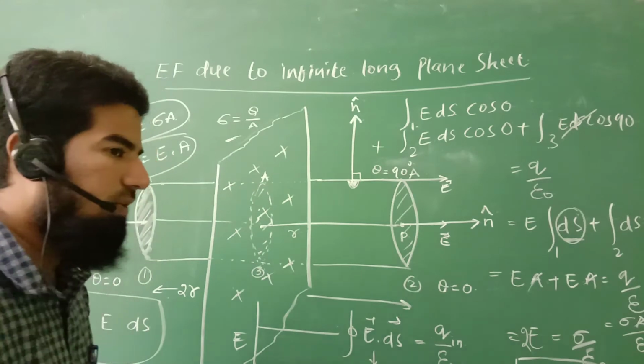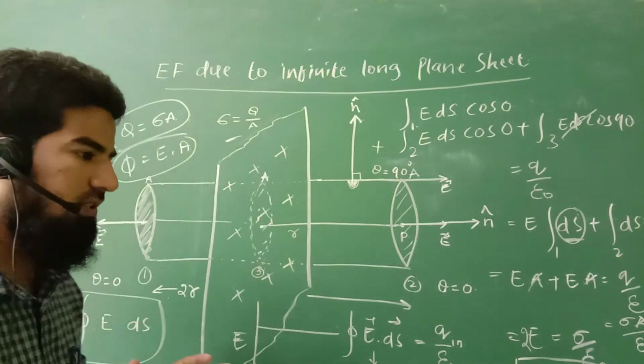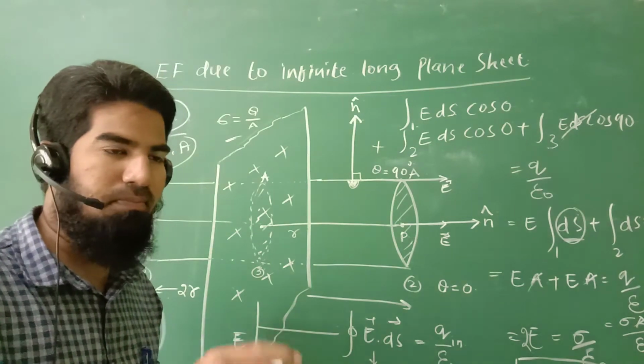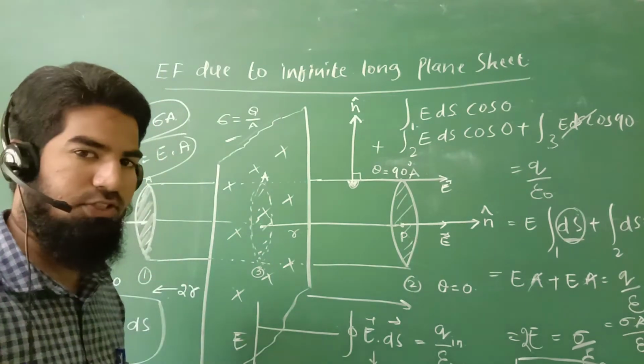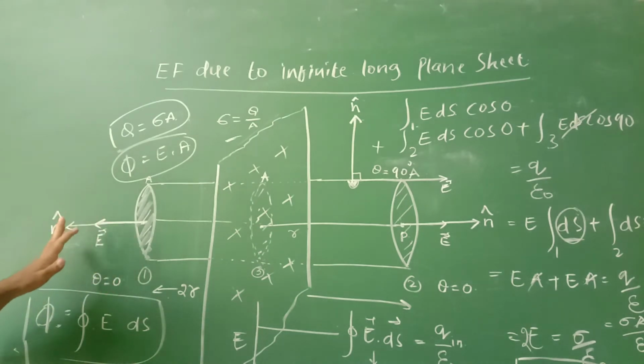Now we have to find out the direction of the electric field. What is the direction of the electric field here? The electric field direction on a closed surface is also perpendicular to the outward direction from the surface. So the direction of the area is the same as the electric field direction.